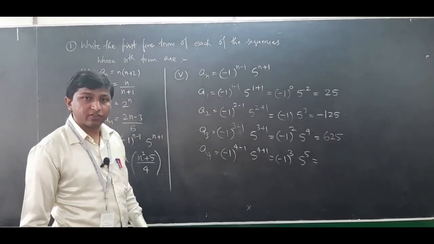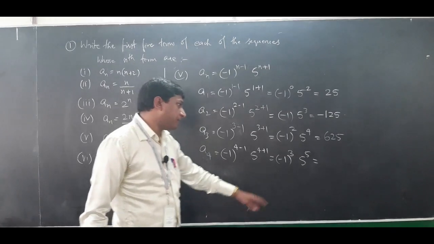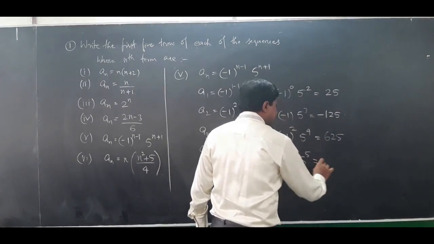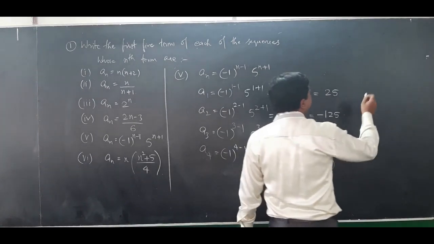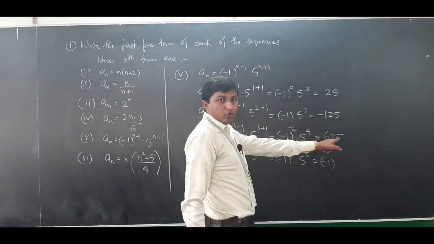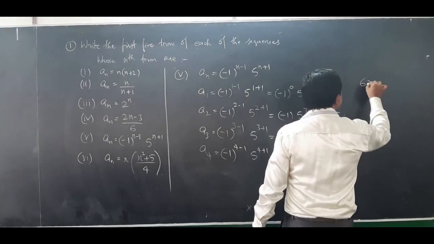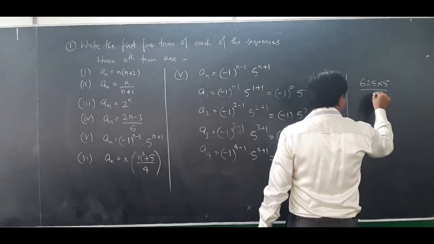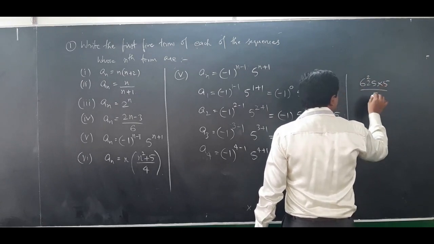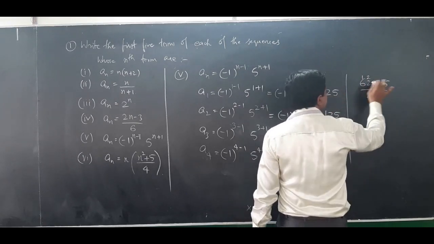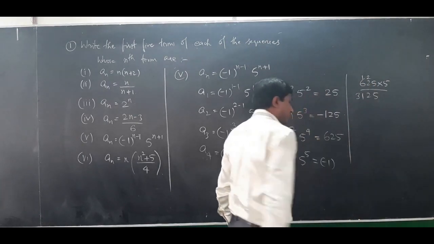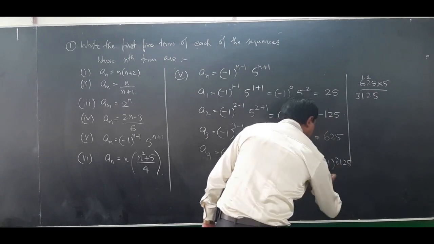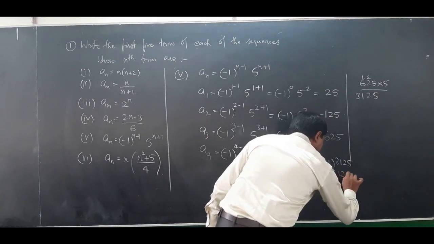Minus 1 whole power 3 is nothing but minus 1, 5 power 5 we have to calculate that. 5 power 4 we know it to be 625. 625 into 5, I am doing it here. 5 5s are 25. 5 2s are 10, 12. 5 6s are 30, 31. So that is 3125.